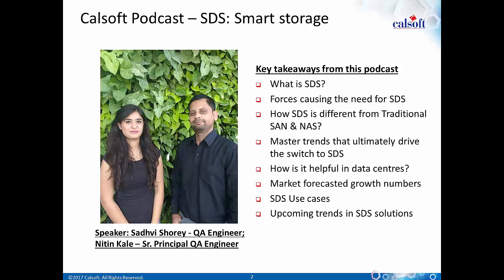Another industry that I would like to mention is BFSI. I mean, it's needless to quantify their data needs. So to sum up, SDS is hardware vendor agnostic, and the need for SDS is industry vertically independent. Every industry is running on data, and the need for storage expansion will continue to rise.